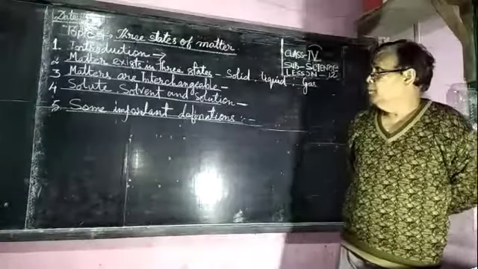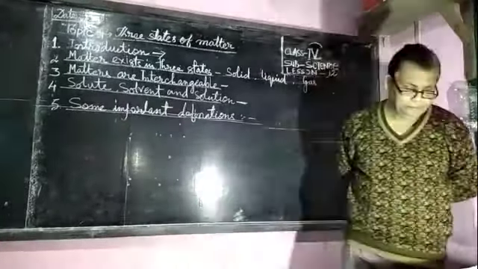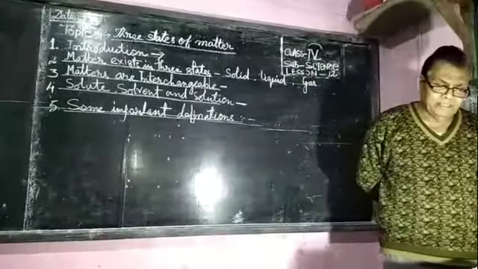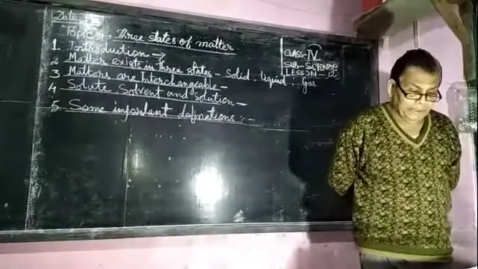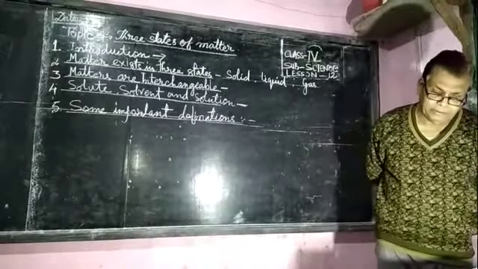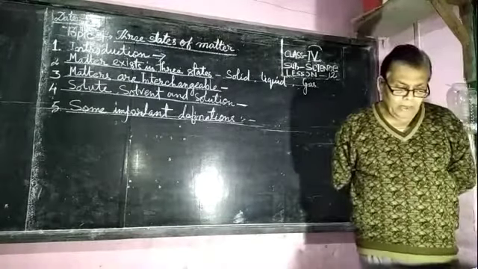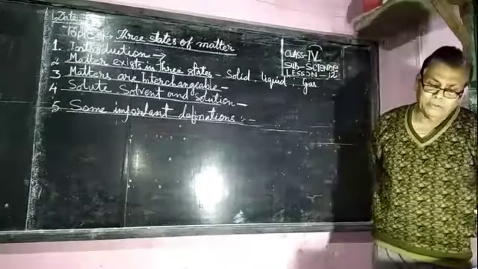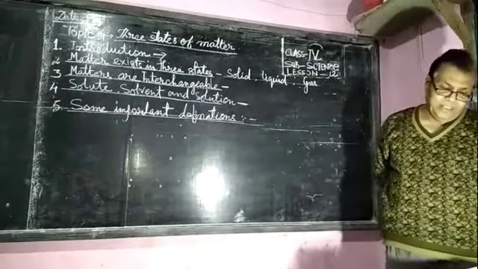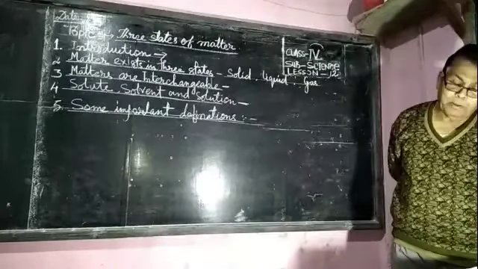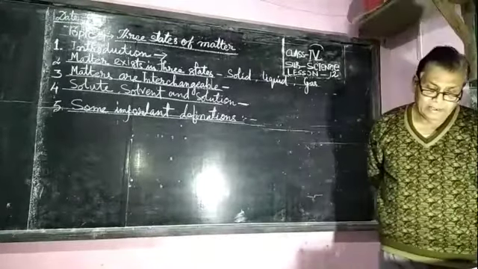Our third point is that matter is interchangeable. The three states of matter are interchangeable. A solid can change into a liquid and a liquid can change into a gas. These changes occur as the temperature increases.